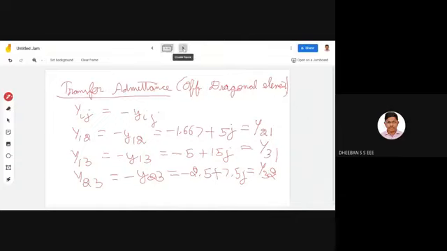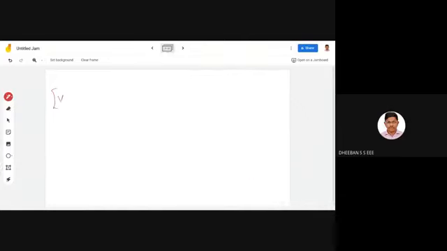So your Y bus, 3 cross 3, is equal to, just write it: 6.667 minus 20j. Here it will be minus 1.667 plus 5j, and over here it will be minus 5 plus 15j.